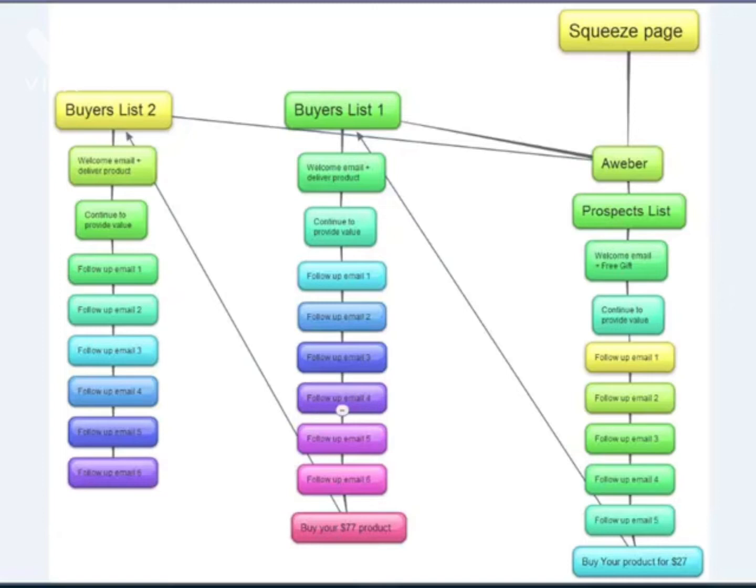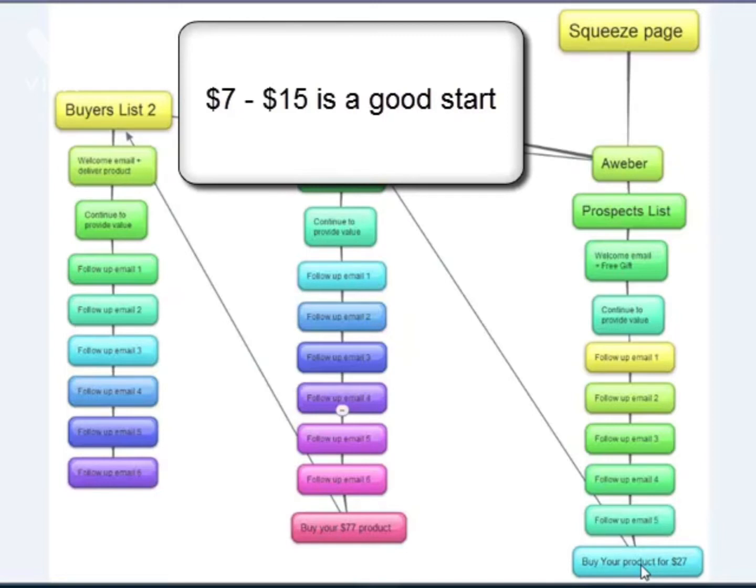Now, the first tip is when you sell your first product, the price point should be between $7 and $15. Now this is very important.